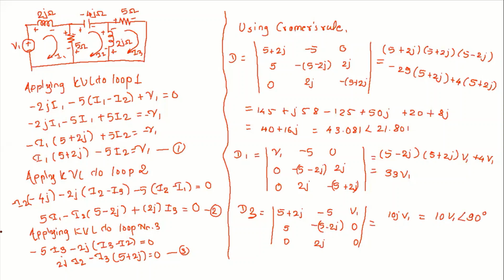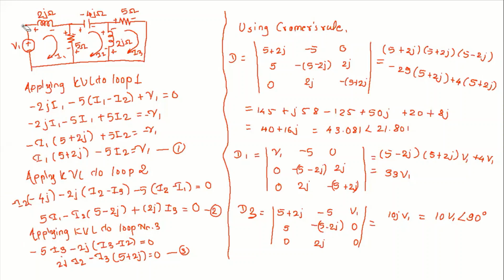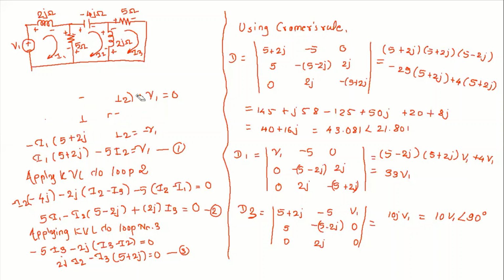Now what we have to do is identify the equation. We have to identify the ratio of I1 by I3. So if we have to identify the ratio of I1 by I3, we should write it in this form. I'm just erasing this one.